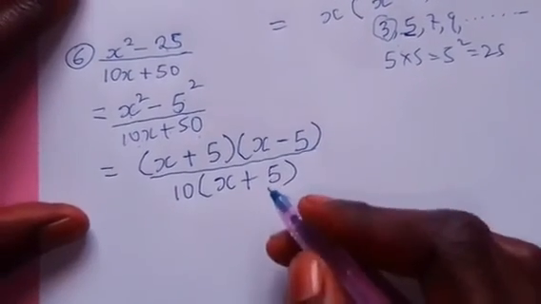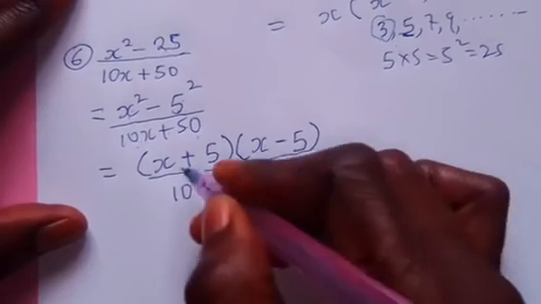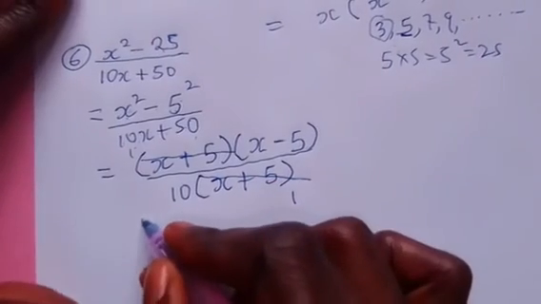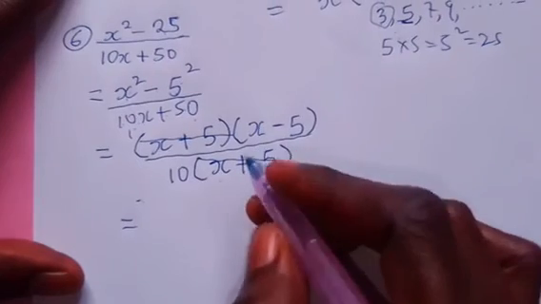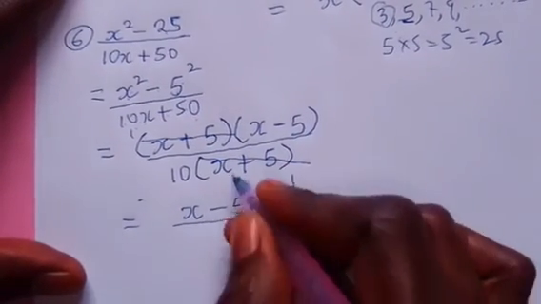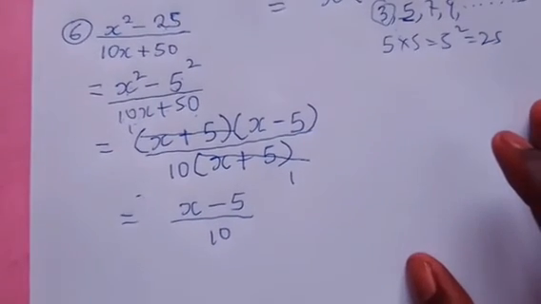So for the next, this our x plus 5, we cancel x plus 5 that is on the top here. So finally, we are going to have the final answer as x minus 5 divided by what? 10. And this is going to be the answer for the final question.